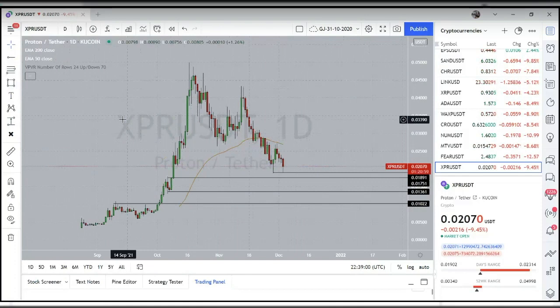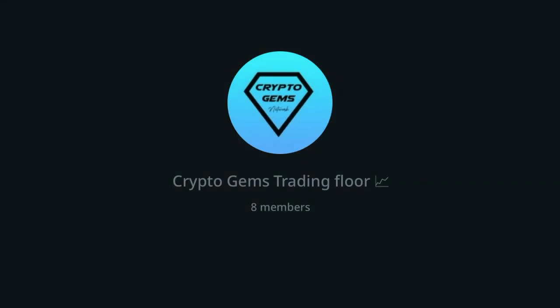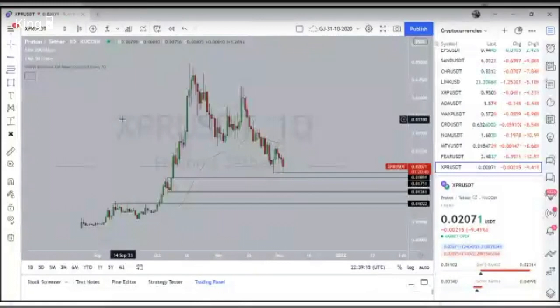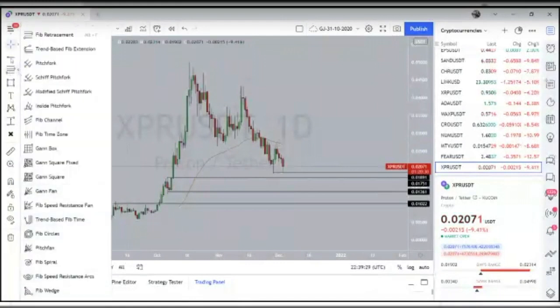But as you can see, market structure from the highs till now is bearish, because there's obviously lower highs, and the market is not really bouncing well and not creating any sort of higher lows and higher highs.